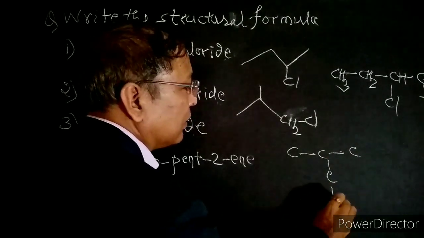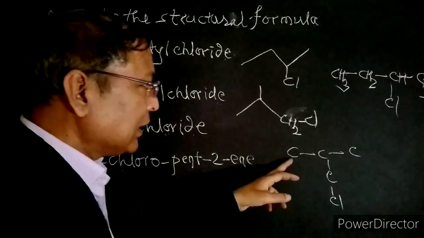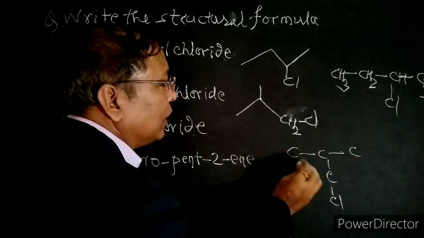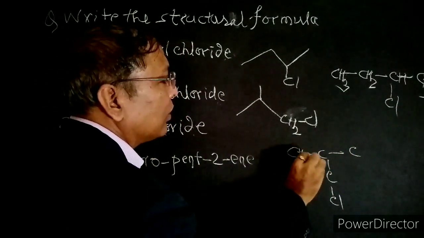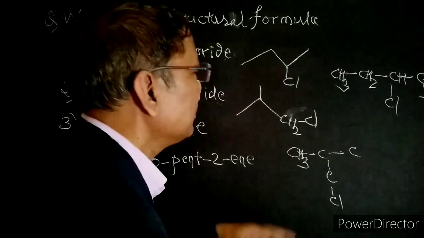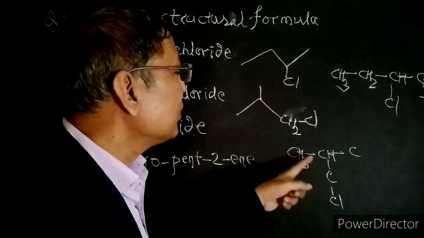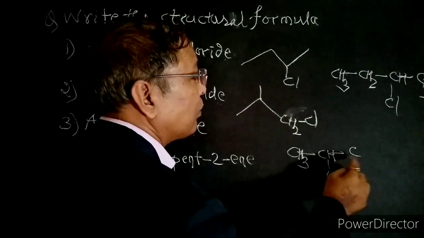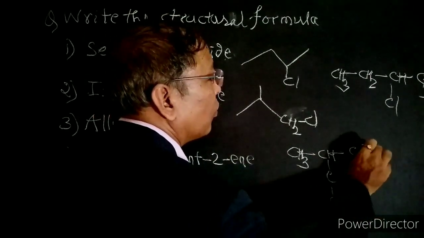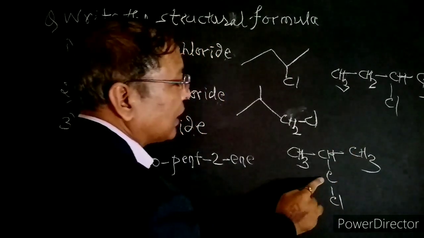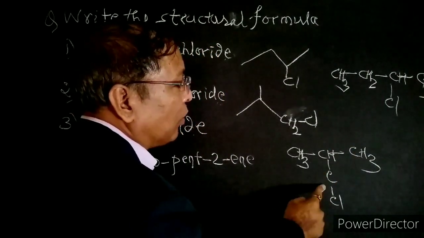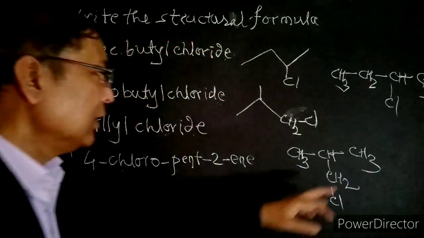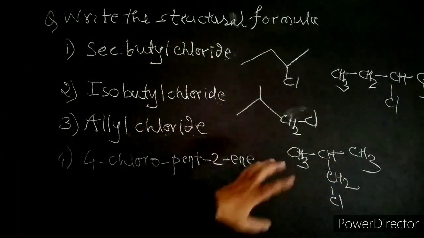Here Cl, this is the isobutyl group, and this carbon has only 1 single bond, 1 subtracted from 4, 3 remains. This carbon has 3 single bonds, from 4 subtract 3, you get 1. This carbon has 1 single bond, 4 minus 1 means 3. This carbon has 2 single bonds, out of 4 subtract 2, you get 2. This is the isobutyl chloride structure.